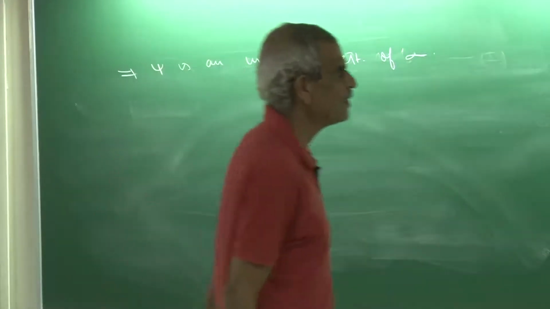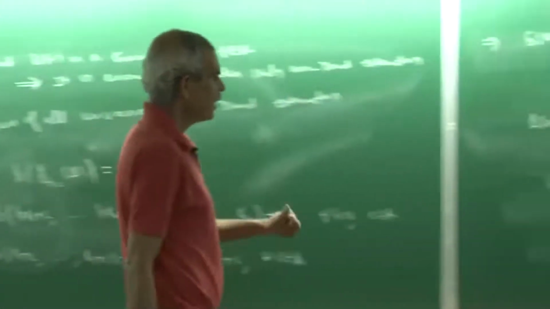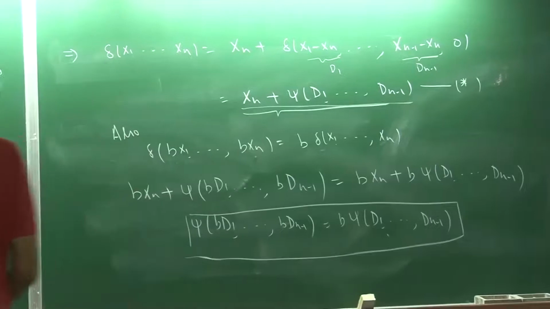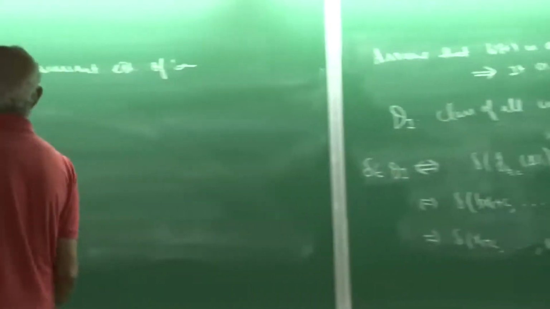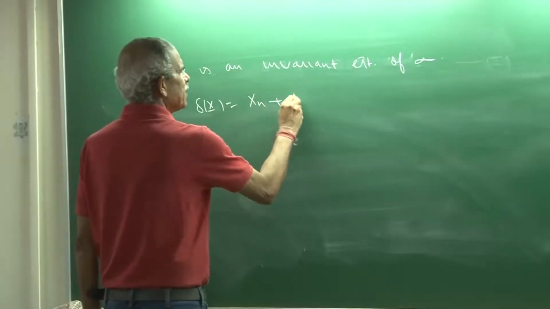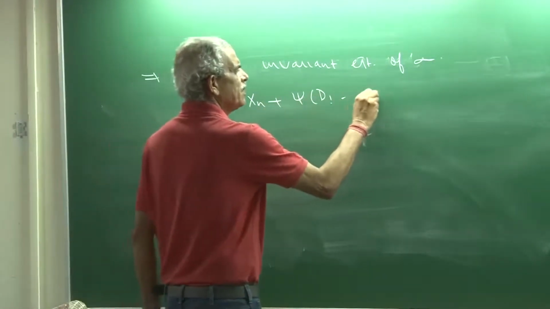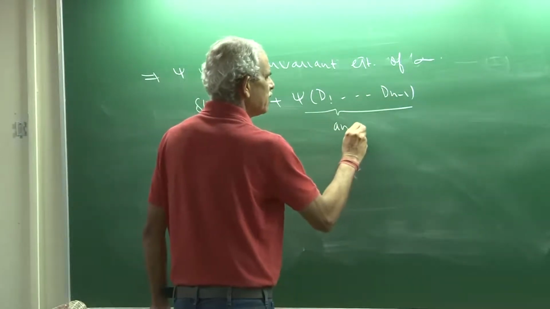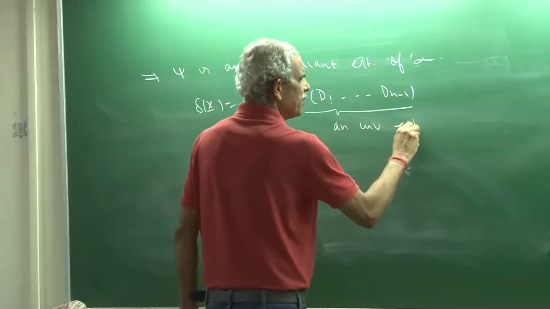So what does that mean? That means my delta of x1, x2, xn is same as xn plus psi of d1, d2, dn minus 1, and this is an invariant estimator of sigma.